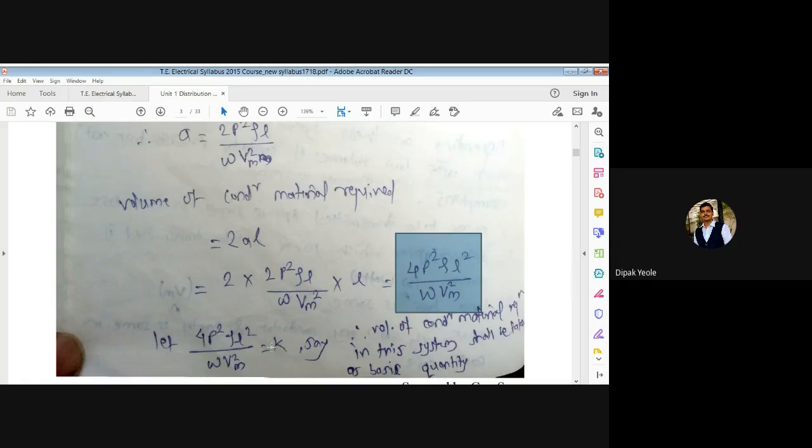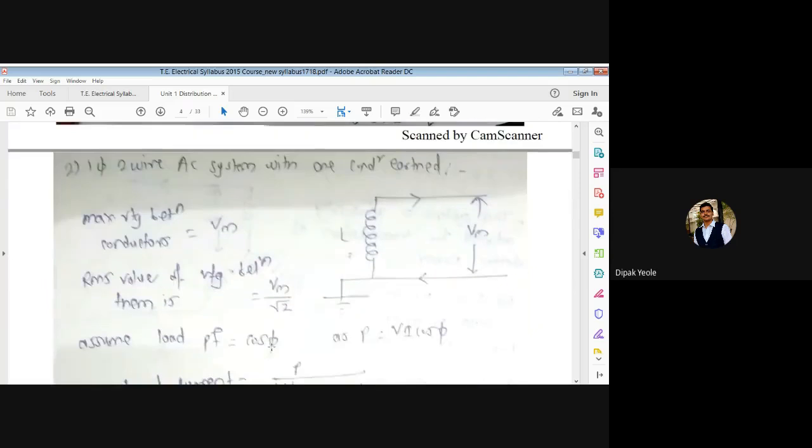Same way we have to apply for the single phase 2 wire AC system. So if we are going to consider the AC, we have to take the AC load. So the inductor is used, the VM is used, the 2 conductors are used, and 1 conductor is earth. Same way. But whenever we are going to consider AC, we have to use the RMS value, VM divided by root 2. So that is the RMS value. Yes.